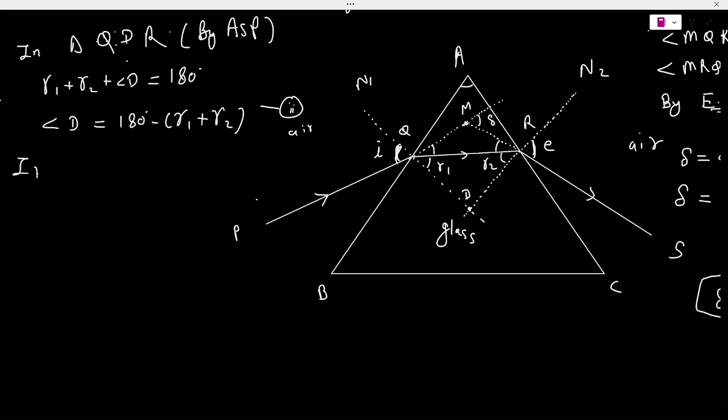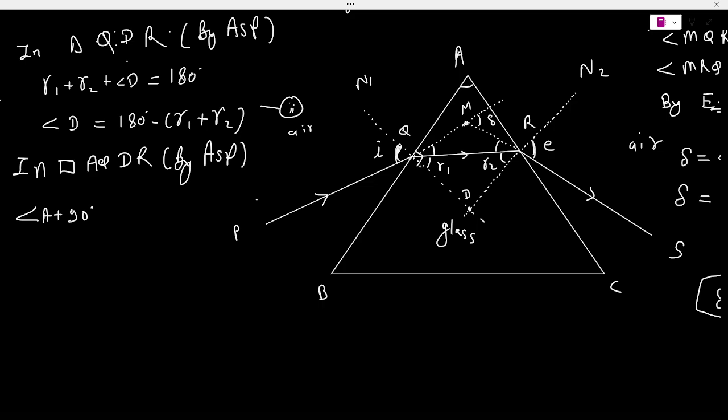In the same manner, we have the quadrilateral. By angle sum, what do we have here? Keep in mind, the angle between the normal and AB is 90 degrees.